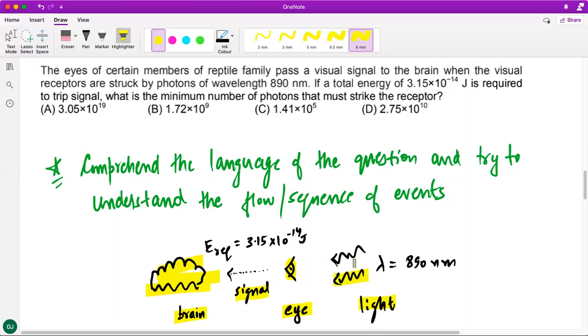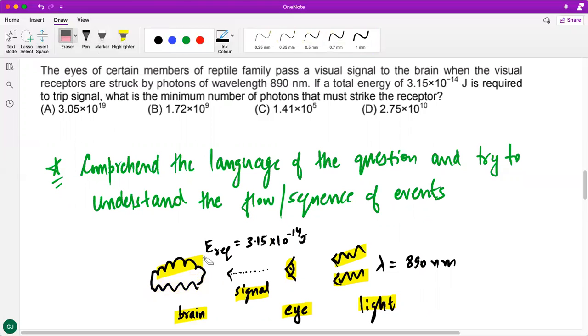So here is a drawing of the photons and the light that is striking the eye. Now you capture the data simultaneously that wavelength of 890 nanometer is coming in and the energy required is 3.15 into 10 raised to the power of minus 14 joule.